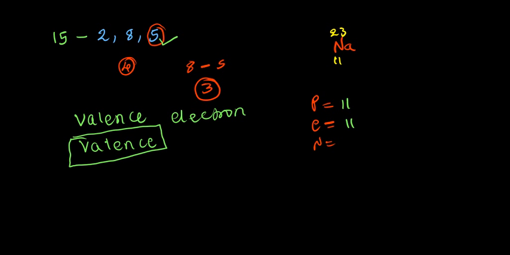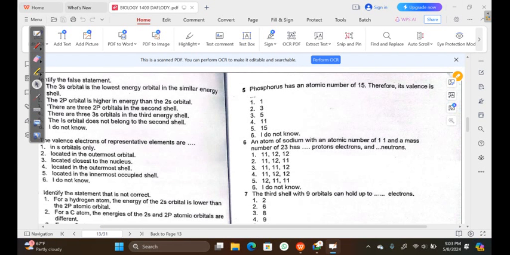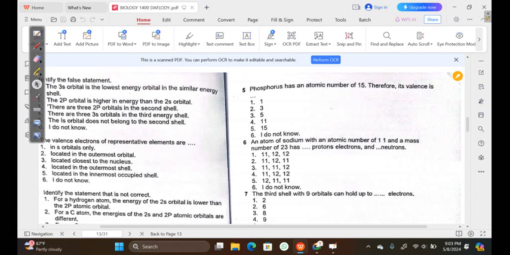Then neutrons: you say mass number minus atomic number, so 23 minus 11, which is 12. So we should get 11, 11, 12. That's the answer. The order here, guys, is what matters. 11, 11, 12. So which one is that? Option 3. Simple as that.